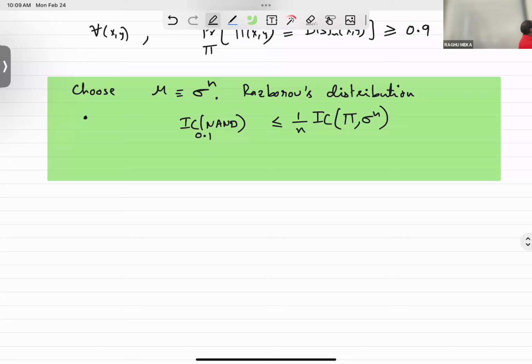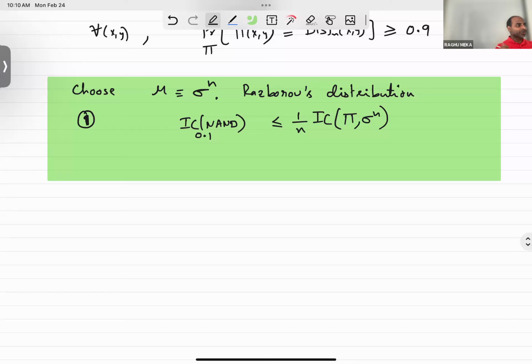This is the really key theorem. We're going to say that you started with a protocol which is accurate, and using that, we're going to get another protocol whose information complexity is small. And it actually computes the NAND function.